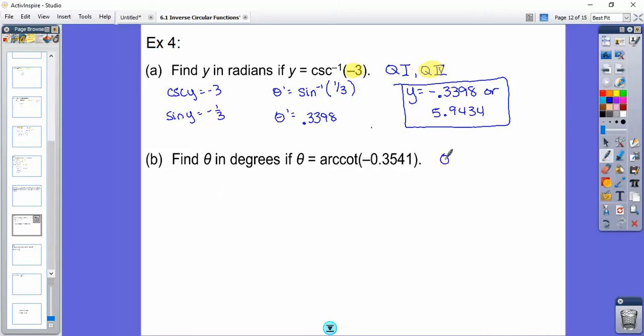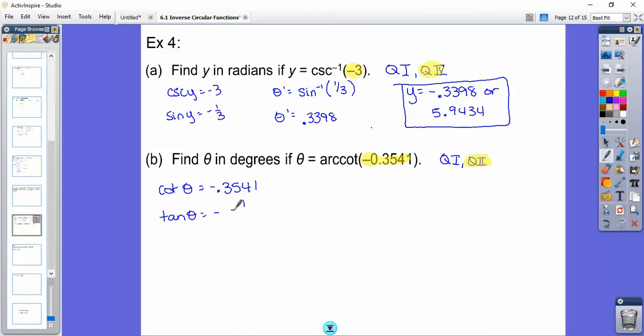Okay, B. Arc cotangent. Cotangent inverse. That can be quadrants 1 or 2. This is a negative, so that tells me quadrant 2. What this means is cotangent of theta is -0.3541.